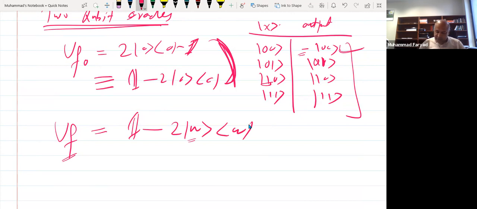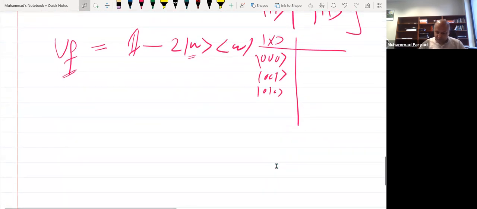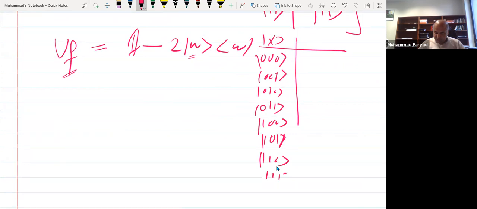Then this should be able to give a negative sign to that index, and positive to all others. Or maybe there are two solutions. For example, this is also a solution, so it should give a minus sign in front of that as well. And similarly, if we have a 3-qubit oracle, 0, 0, 0, 0, 0, 1, 0, 1, 0, 0, 1, 1, 1, 0, 0, 1, 0, 1, 1, 1, 0, 1, 1, 1.